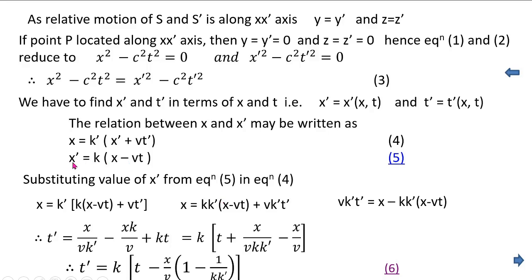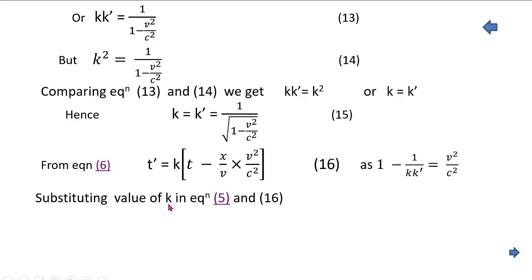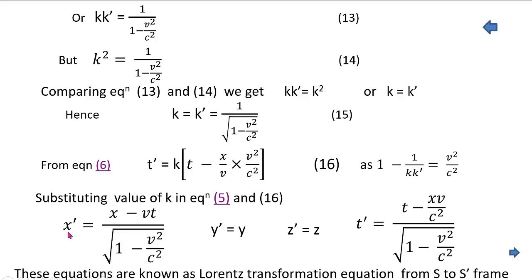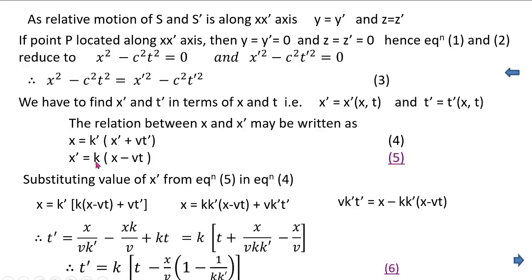Equation 5 is x dash is equal to k into x minus vt. Here k is equal to 1 upon square root of 1 minus v square upon c square. Substitute here, then we get the expression for x dash. Then x dash is equal to x minus vt upon square root of 1 minus v square upon c square.